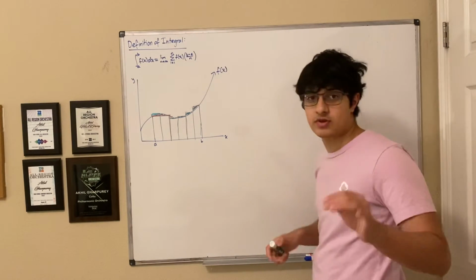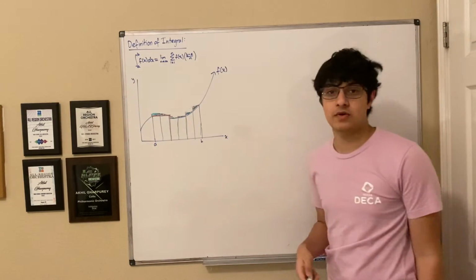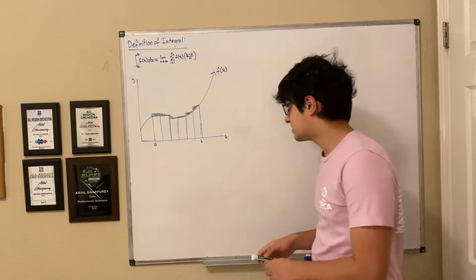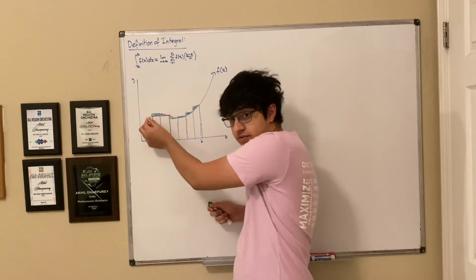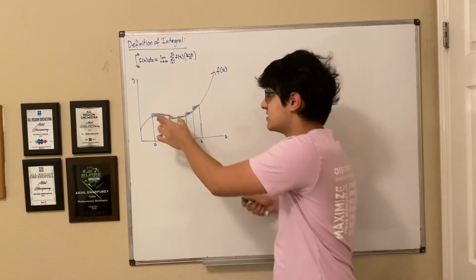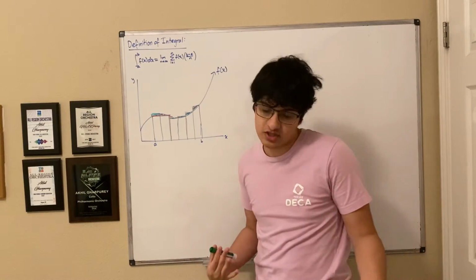And so this gives us the idea, what if we crammed in an infinite amount of rectangles between a and b? You can see that the margin of error, represented by this excess area, is going to get so infinitesimally small you can consider it to be 0.